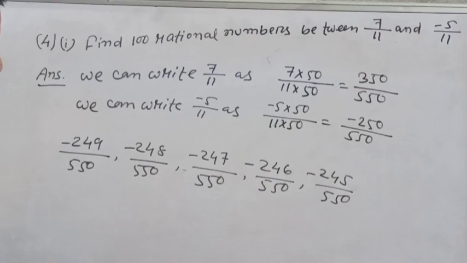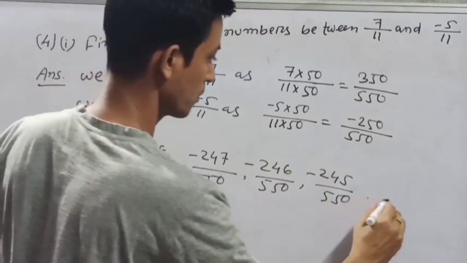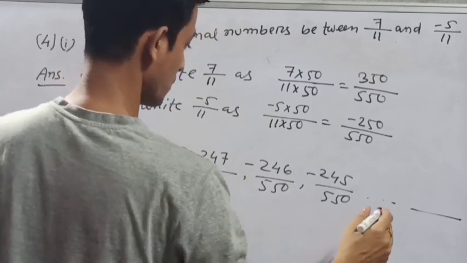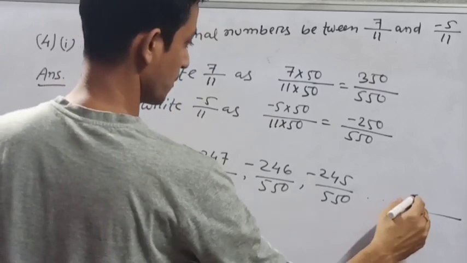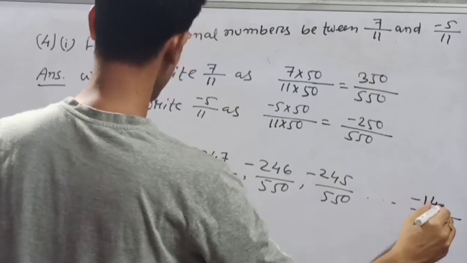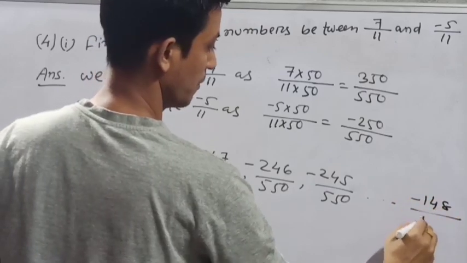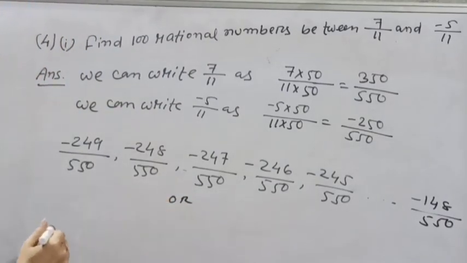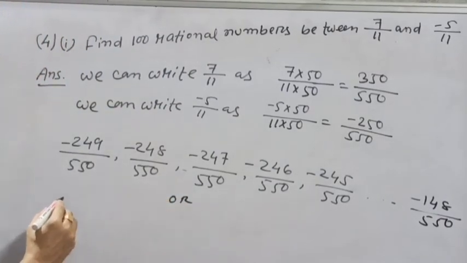So like this we can find more and more numbers, up to 349 by 550.